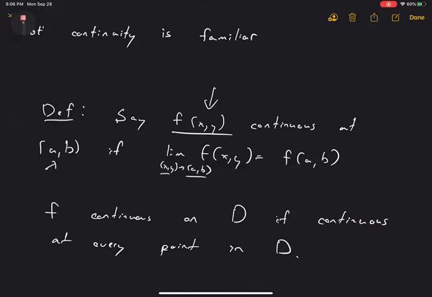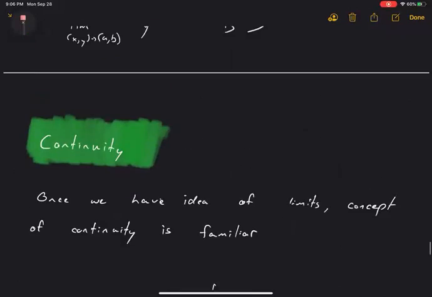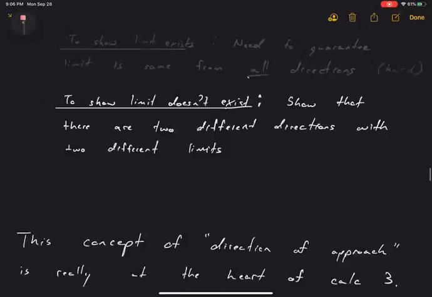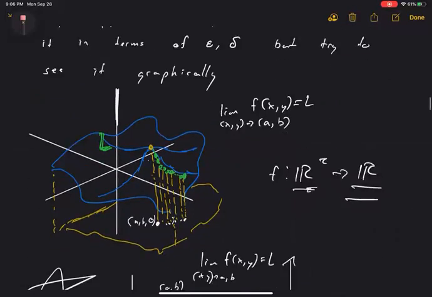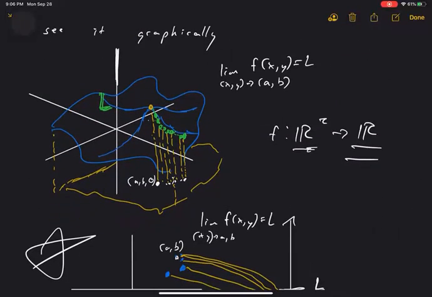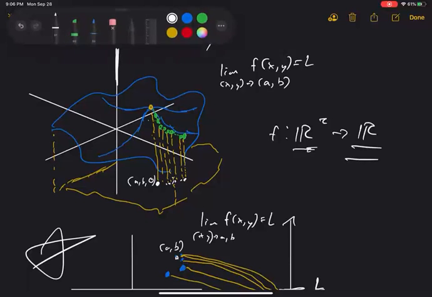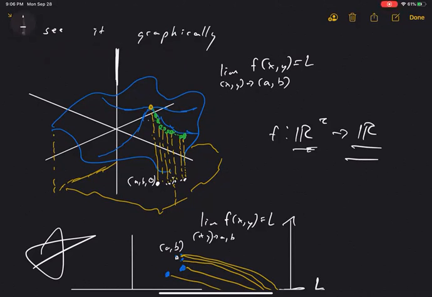Okay, and this really goes back to this drawing I had at the very beginning of our graph. You might remember I said what I drew here was actually more than just a limit. It was a continuous function. So remember, this blue surface is the graph of our function, right?